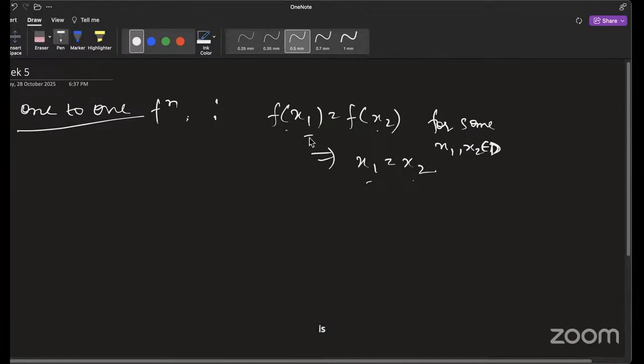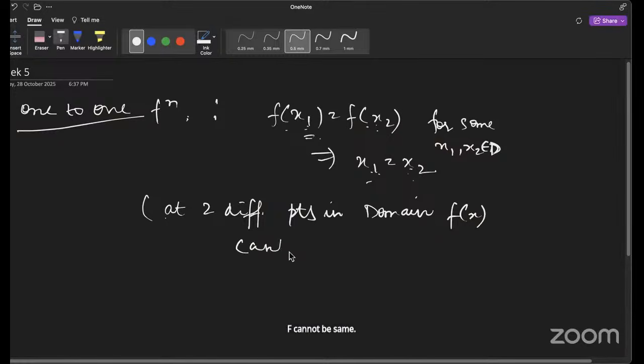Is the definition clear? This is the definition where you say that your function is one-one if whenever two values of the function at two different points are same, then those 2 points are also same. In other words, at two different points in the domain, f cannot be same.